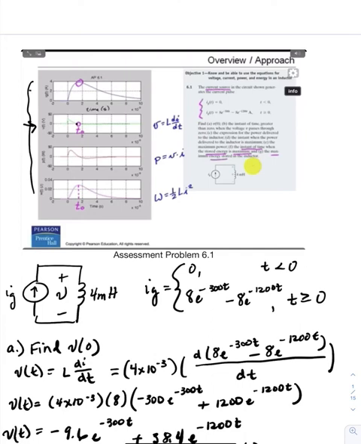And if you look at the current up here, that's where current is maximum. Since voltage is a derivative of the current, when you set voltage equal to 0, you're setting the derivative equal to 0.